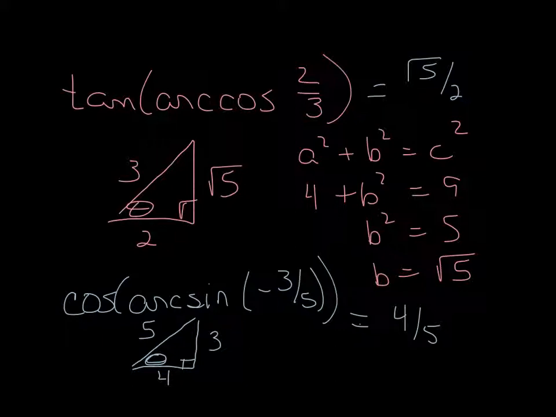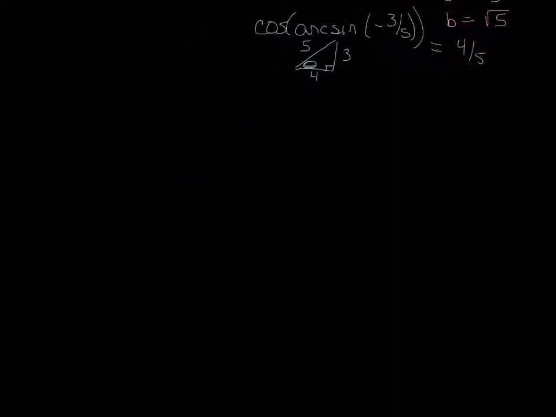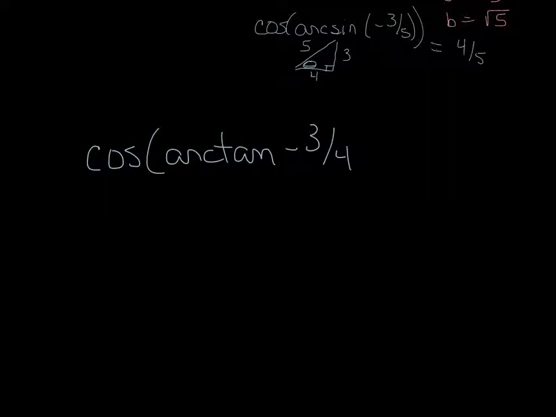Okay, let's do one more. Wait, what did you just do? How did the negative 3/5 become positive? The cosine of an angle that's in the fourth quadrant is positive.